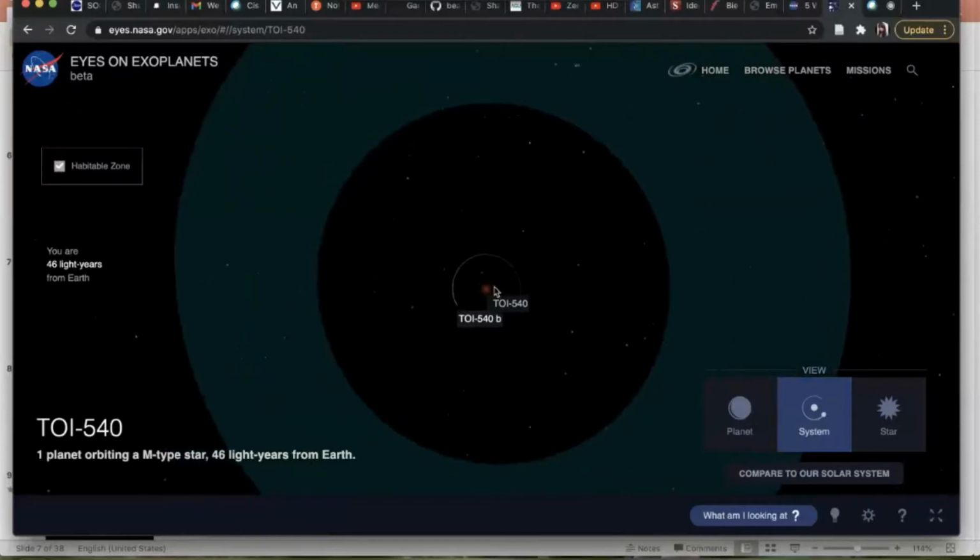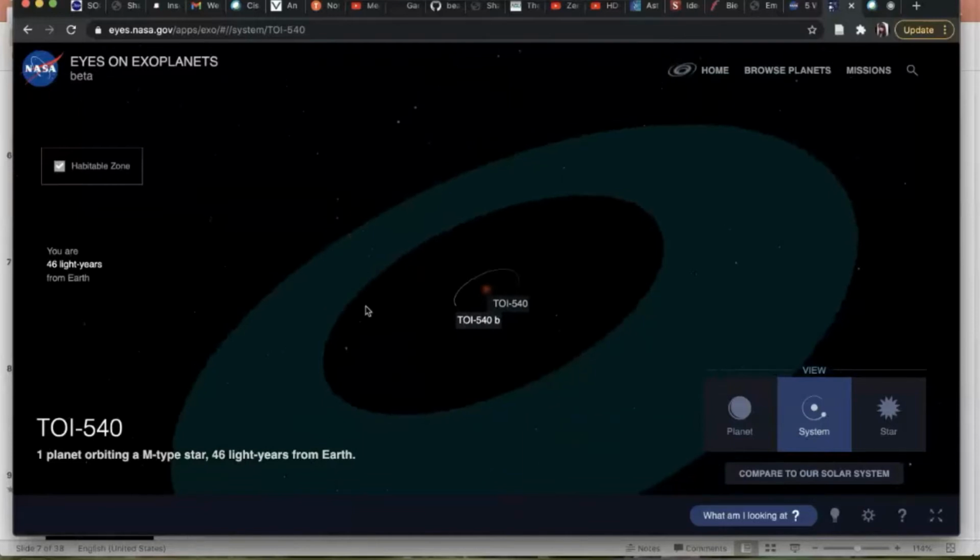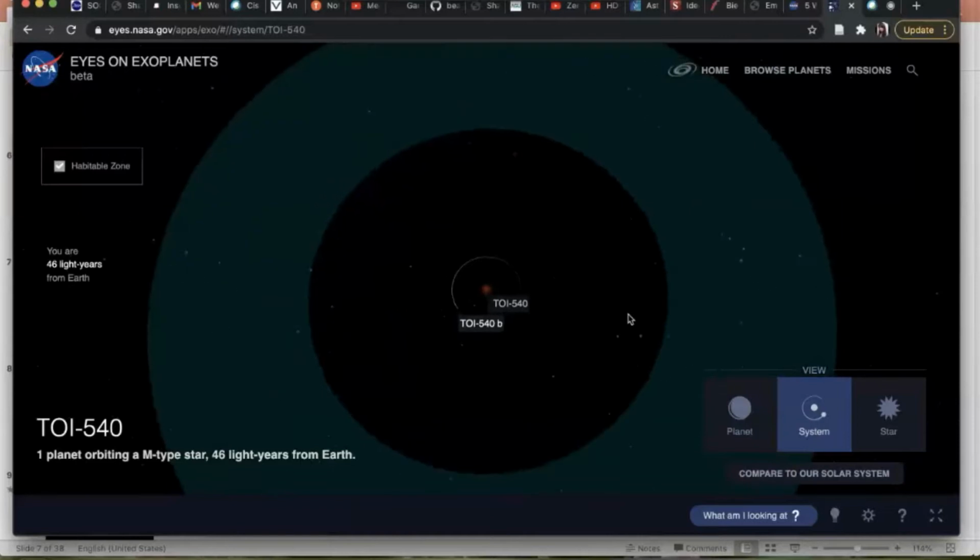So this is an exoplanet around the star, and you see this green zone. This is the habitable zone. If this planet was orbiting in this zone, it might have a possibility to hold some kind of signatures of life.